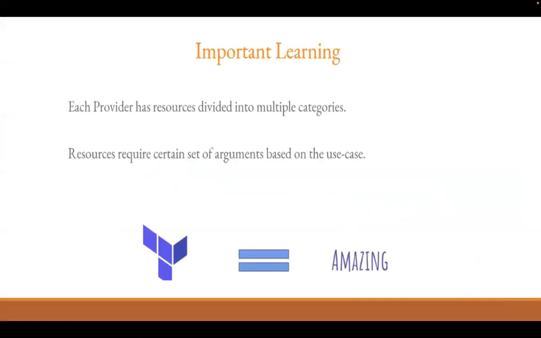Important learning: each provider has resources divided into multiple categories. I already showed you in the documentation, on the left side, EC2, S3, whatever you want. So aws_instance is a resource.